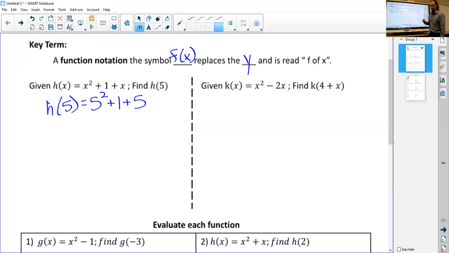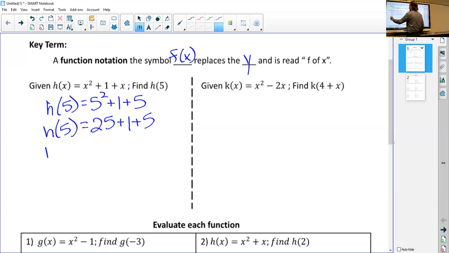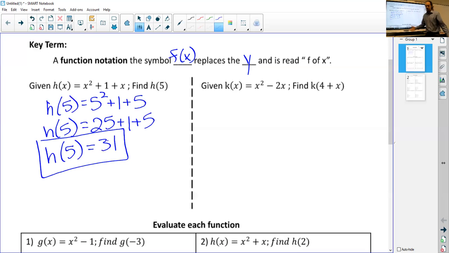And then from there, it's just a matter of simplifying as much as we can. So 5 squared is 25 plus 1 plus 5, and if we add all that together, we get h of 5 equals 31. And that's our whole thing.